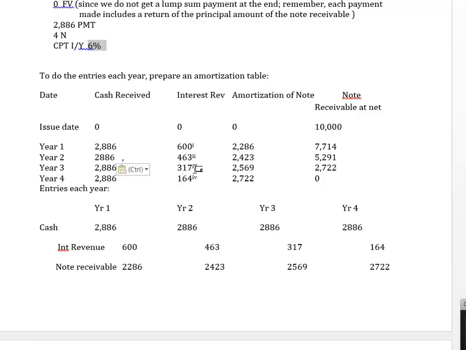Well, that $317 is part of the 2886, so the difference between the cash received and the interest revenue that's part of that cash received must be the amount of the note that's being paid down by Company B. So that means Company A is now going to show a net note receivable of $2722, and they're going to use that amount, which is the receivable to open year four, multiply it by 6% in order to calculate the amount of the interest revenue, which is $164, that's included in this 2886 payment.